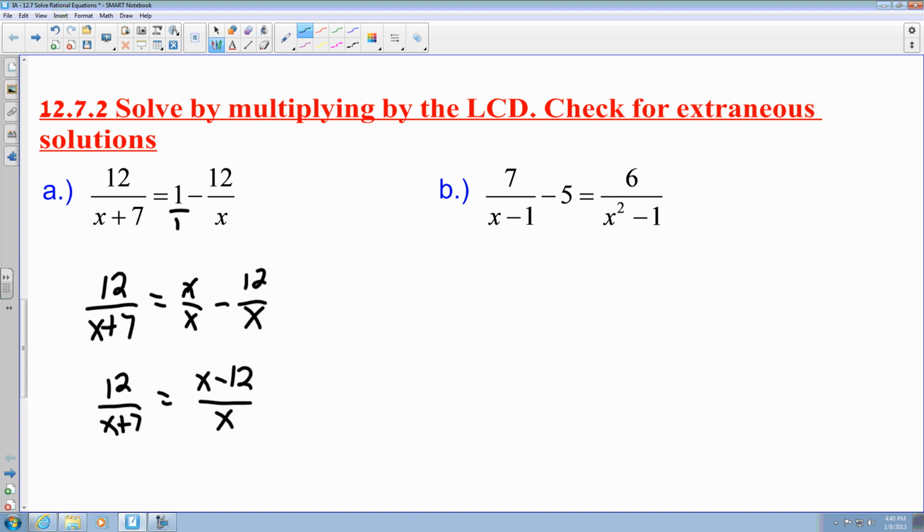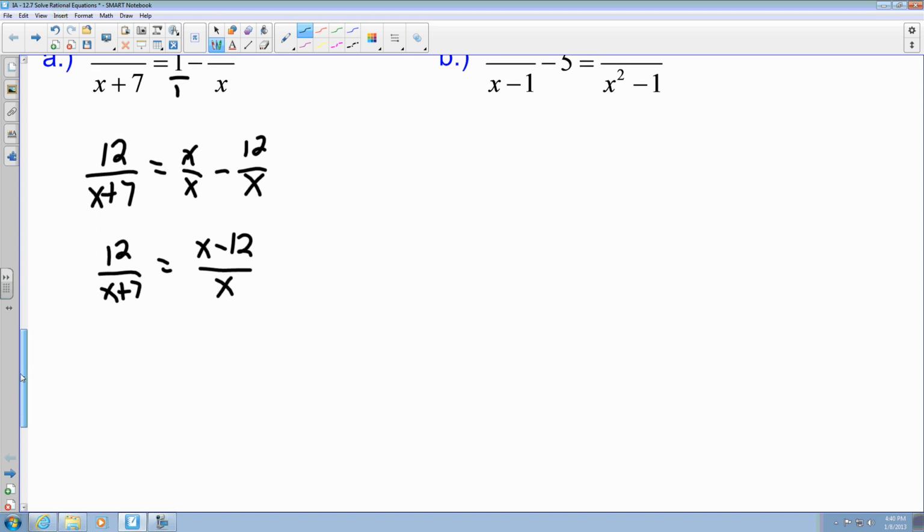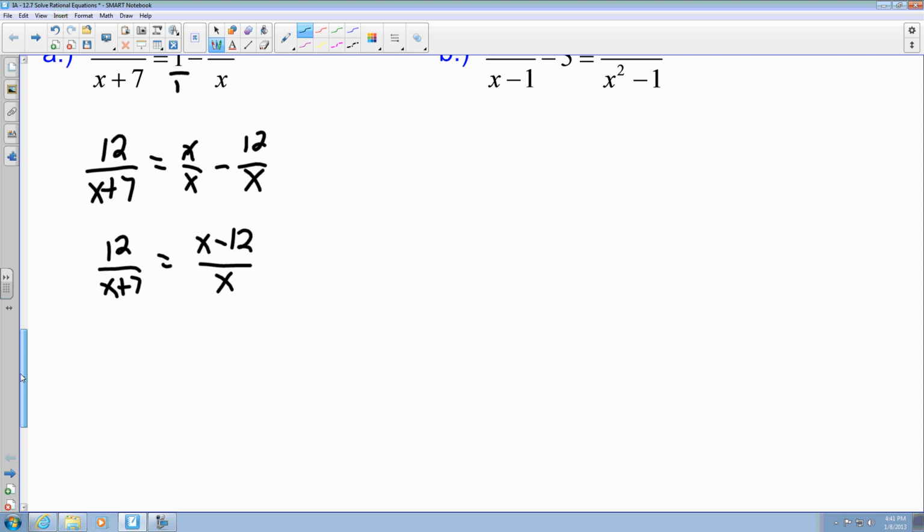So now, with that in mind, we can go ahead and cross multiply. I got 12 times x equals, I got x plus 7 times x minus 12. Okay?